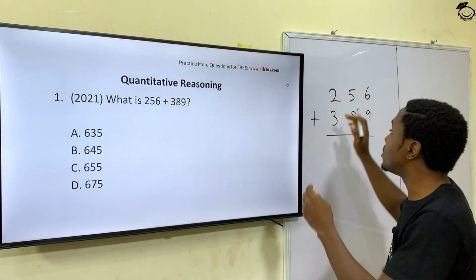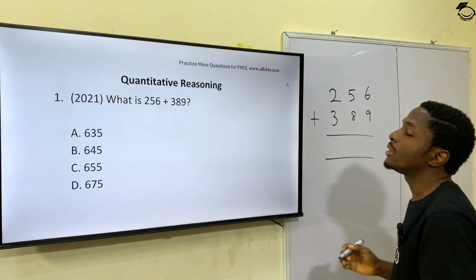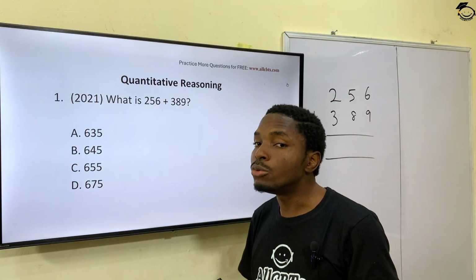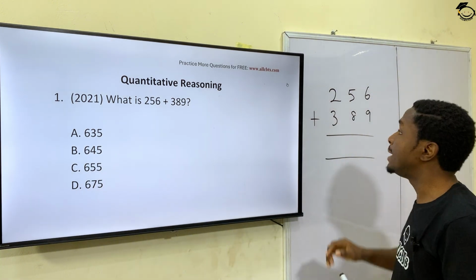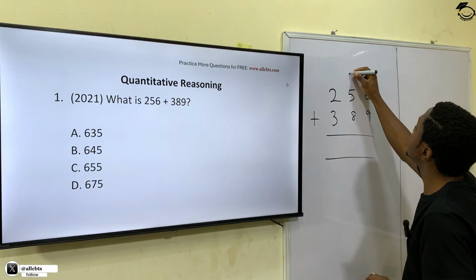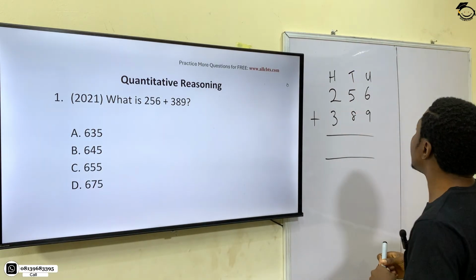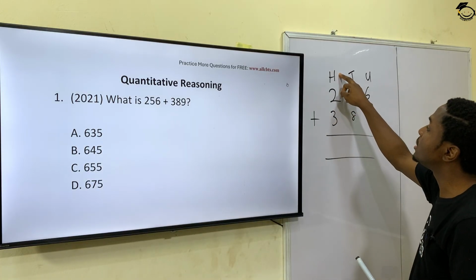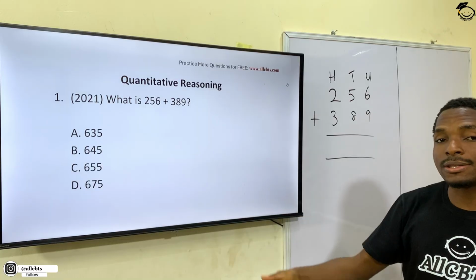So you want to sum them up. You should always put your summation in place value, which is units, tens, and hundreds. That's why we call 256 2 hundreds, 5 tens, and 6 units.